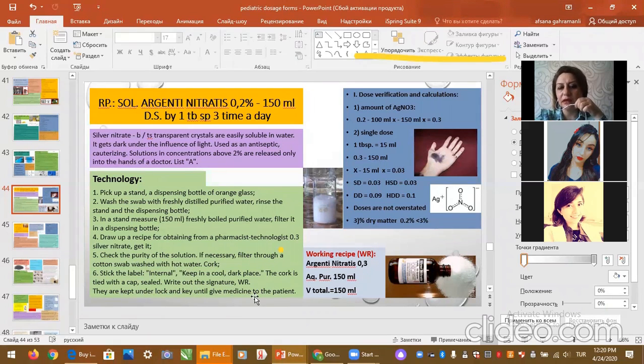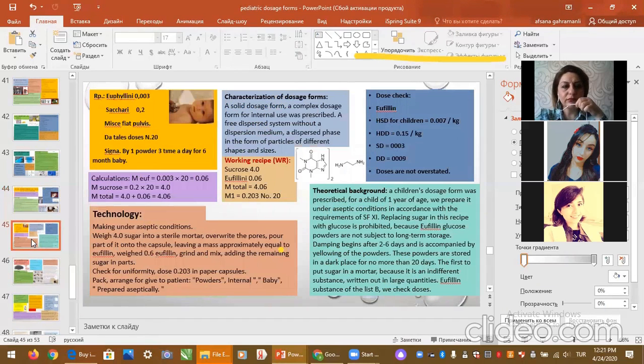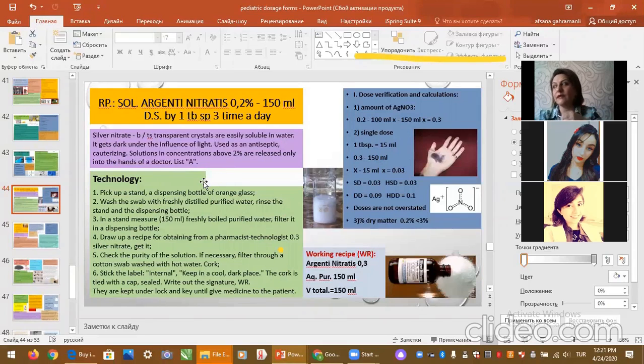Write out the signature, worker recipe. They are kept under lock and key until the medicine is given to the patient, because it has a very strong cauterizing effect. For what disease?